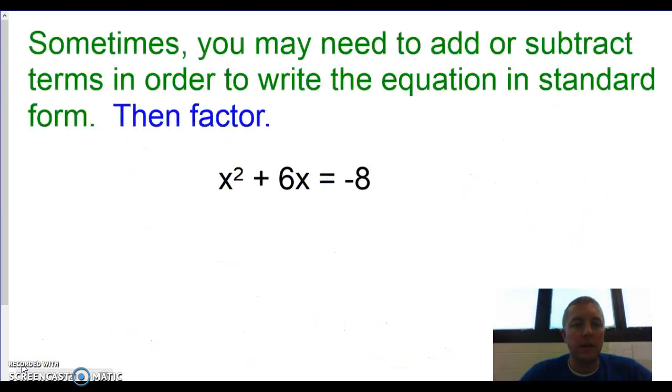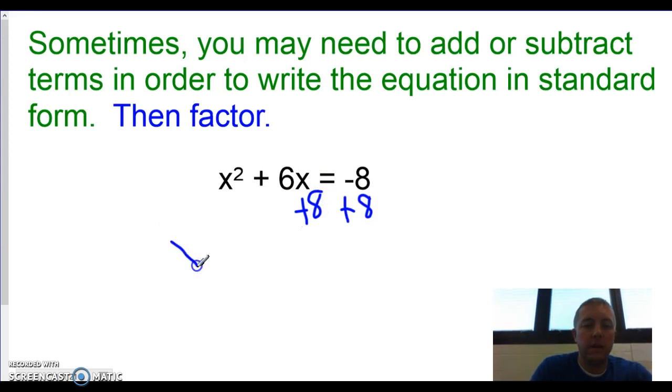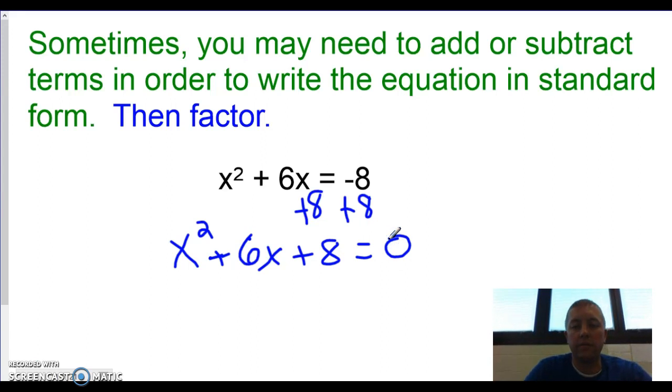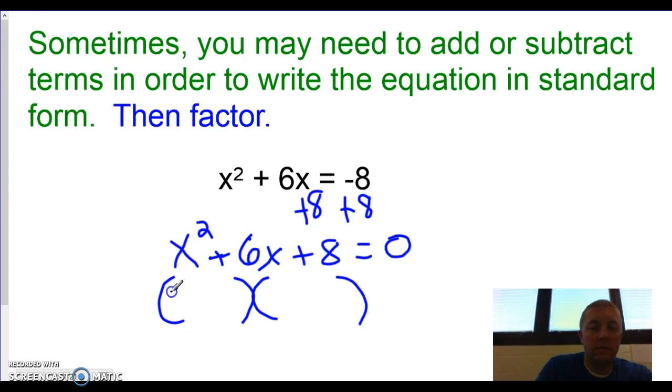Okay, sometimes you may get an equation where you have to add or subtract terms before we factor. When we solve any quadratic, we want one side to equal 0. So in this case, we'll add 8 to both sides first. And when we do that, that gives us x squared plus 6x plus 8 equals 0. Now we can factor. So a value is 1. Start with an x on both binomials. Multiplies to 8, adds to give us 6.